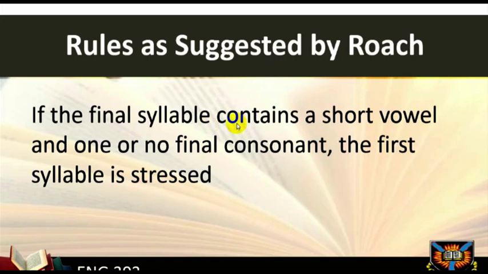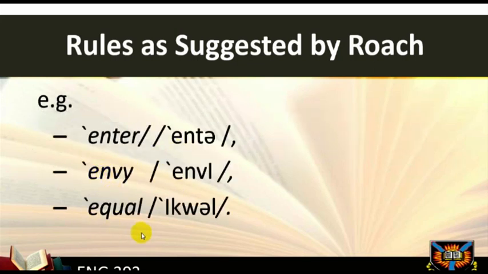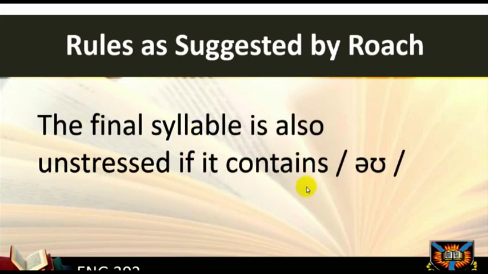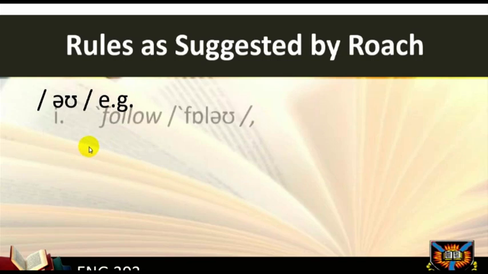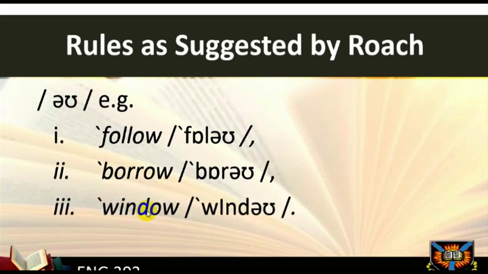If the final syllable contains a short vowel and one or no final consonants, the first syllable is stressed, e.g., enter, envy, equal. The final syllable is also unstressed if it contains a, e.g., follow, borrow, window.